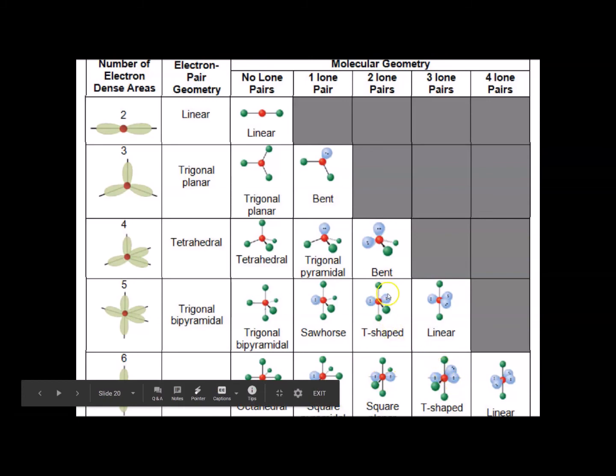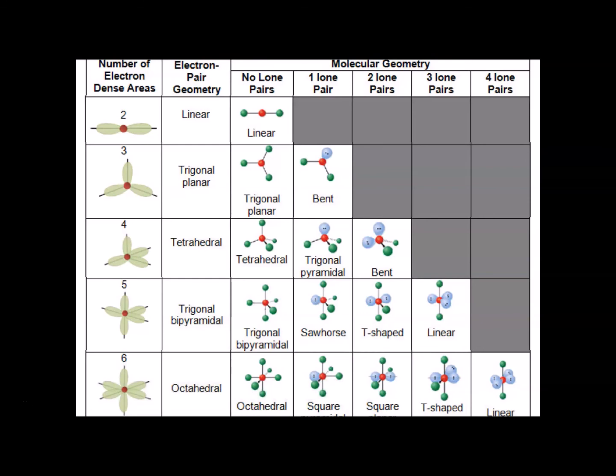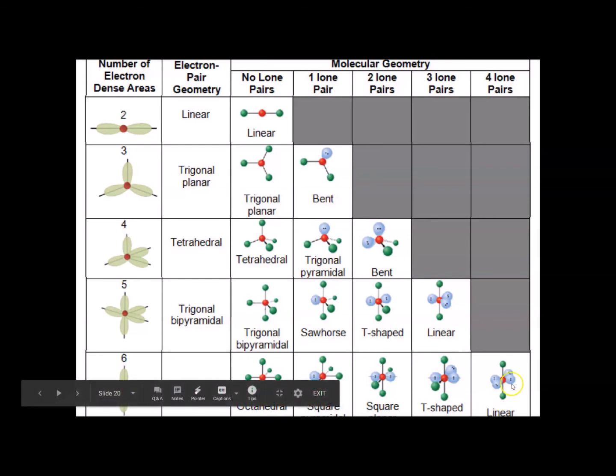Again, isn't it funny how when trigonal bipyramidal electron geometry has 2 lone pairs, you get T-shaped, and when it's octahedral geometry, if you have 3 lone pairs, you get the same T-shaped molecule? It's kind of cool in a chemistry sense, you know?